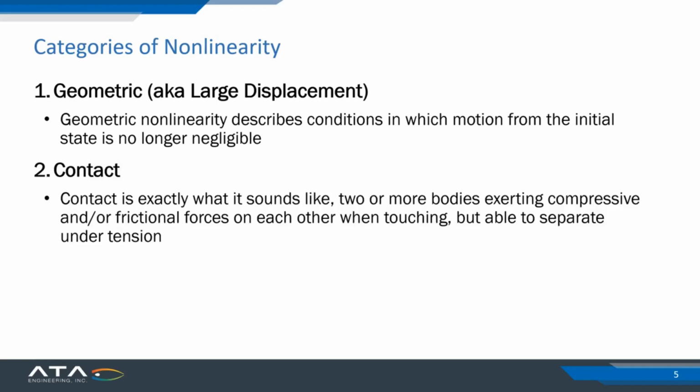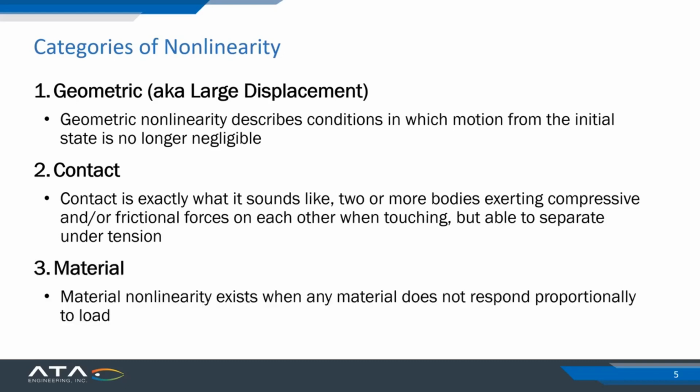The second category is contact, exactly what it sounds like. It's two or more bodies exerting compressive or frictional forces on each other when they're touching, but under tension, they separate and do not create force. Being that there's force in one direction and not in the other, that is inherently nonlinear. And then lastly, there's material nonlinearity, which is whatever form of material nonlinearity you're modeling, be it plasticity, hyperelasticity, creep, any of those nonlinear types of behaviors, and there are many others I didn't mention.